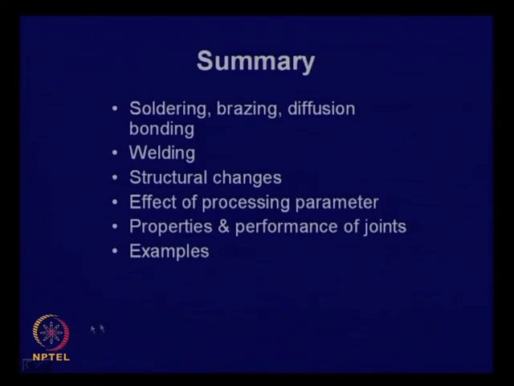And so, in short, we looked at different types of welding and joining processes, and in all these cases there is diffusion bonding which takes place. In welding, even part of the metal melts, so the bonding is much stronger. There will be structural changes in the heat affected zone, as we talked about, and there are processing parameters.